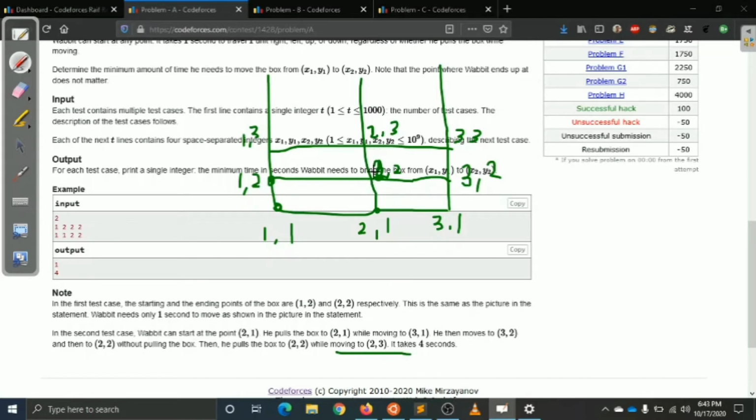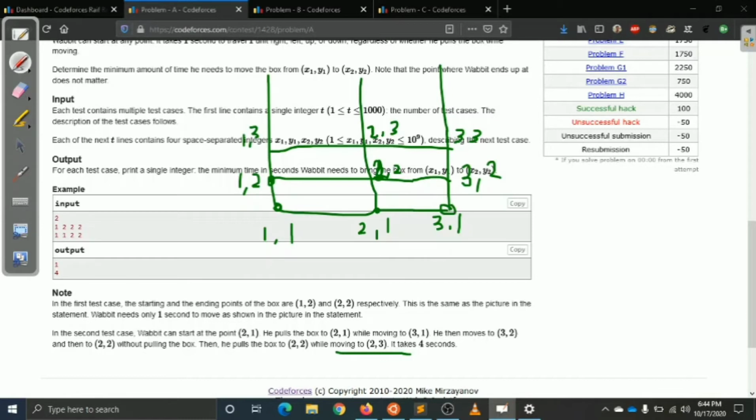I'm basically analyzing how the mouse has moved from position 1 comma 1 to position 2 comma 2. The mouse has taken a step from 1 comma 1 to 2 comma 1, and now x1 equals x2. Then the mouse is at position 3 comma 1, takes one more step to 3 comma 2, then one more step from 3 comma 2 to 2 comma 2.